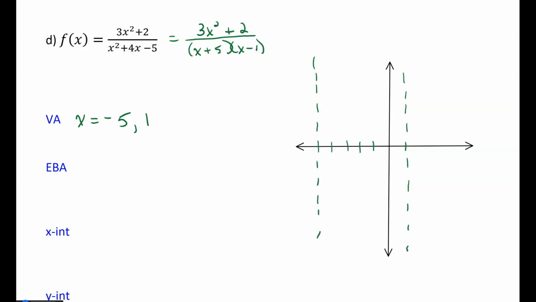Okay, and so now look at our end behavior asymptotes. This one is, exponents are the same, divide coefficients, so we get a horizontal asymptote at y equal to 3. So I'll plot that in.